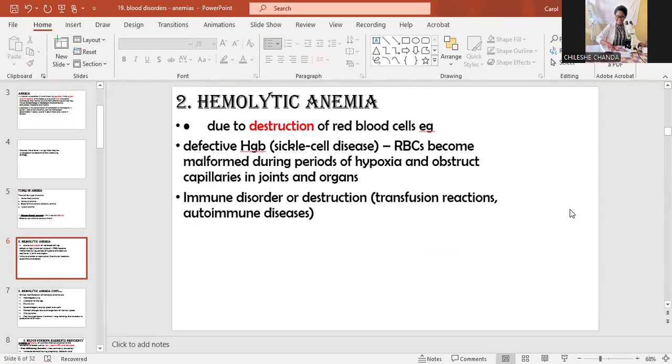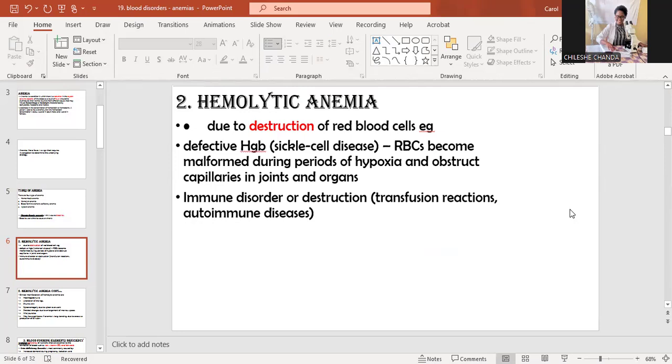Now, some of the conditions that may cause this hemolysis would be conditions like sickle cell disease, where there is breakdown of these red blood cells at a very fast rate. Conditions like malaria, okay? These also cause destruction of red blood cells.